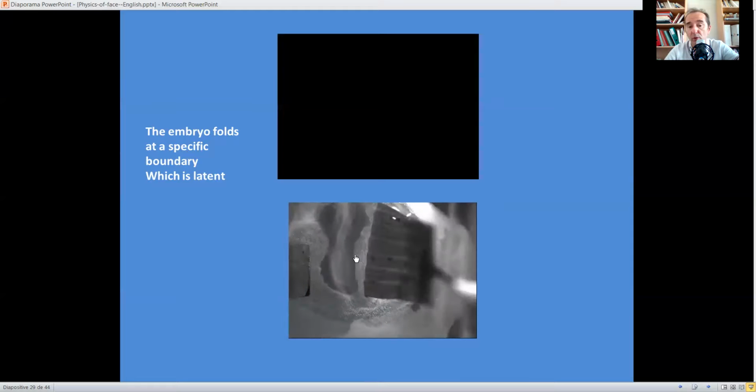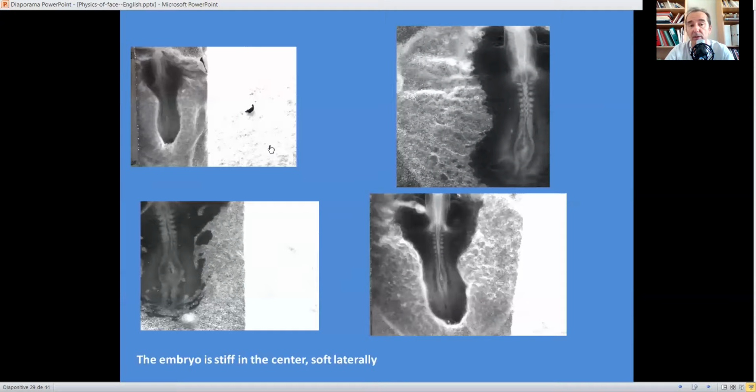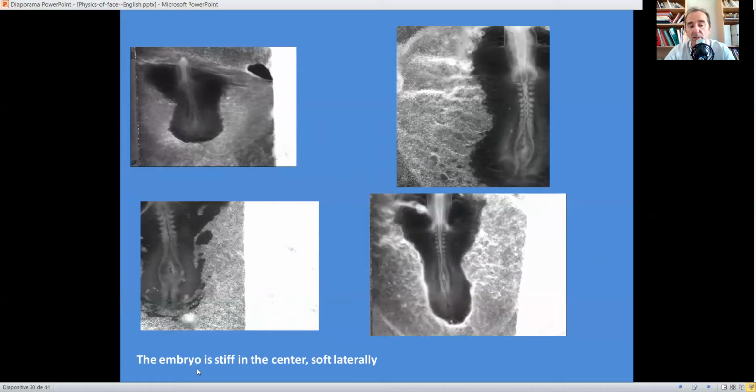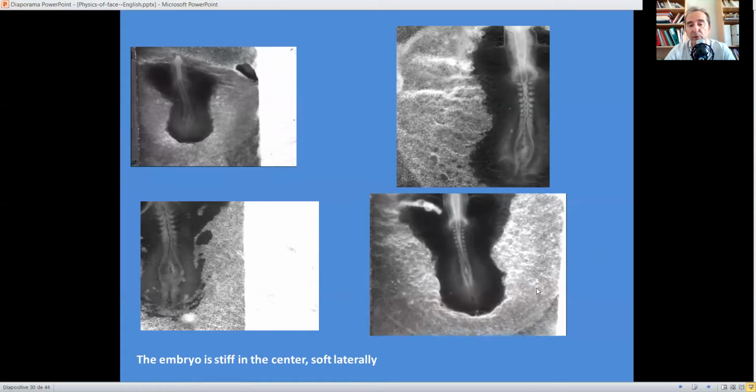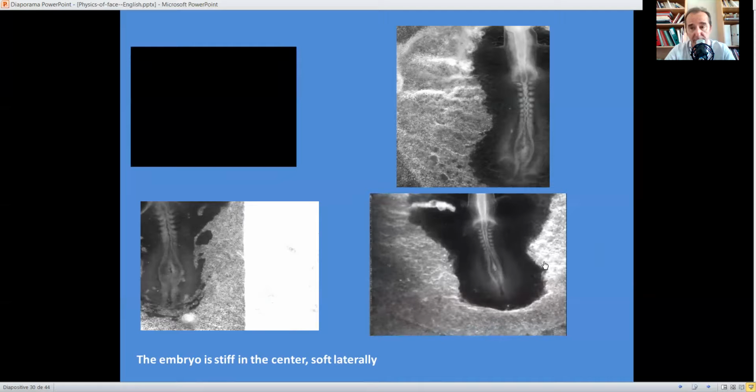And as I've told you before, here you don't see why it folds there, but it folds there because you have bigger cells on one side and smaller cells on the other side. So what you can do is you pull on the embryo and you see that the embryo is stiff in the center, it doesn't deform much, and soft laterally.